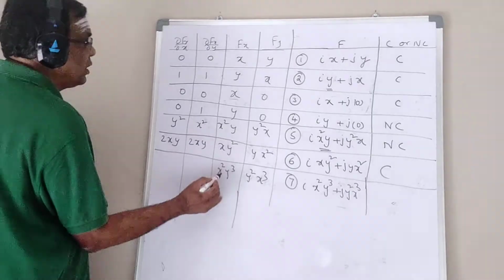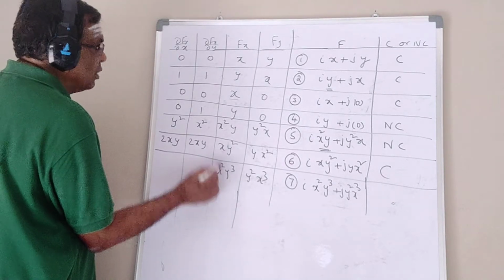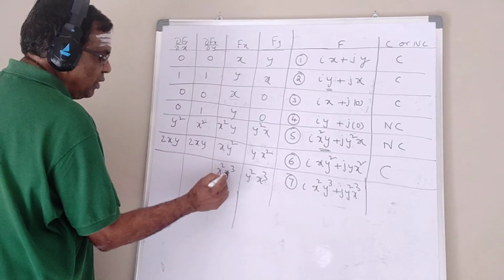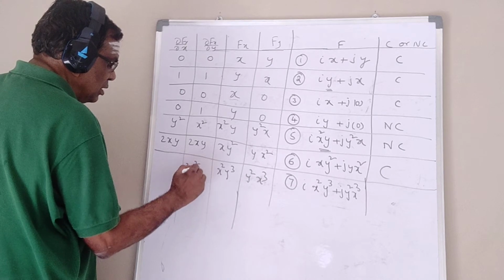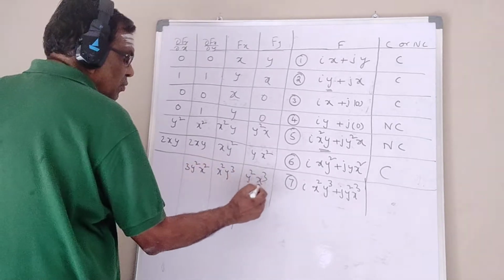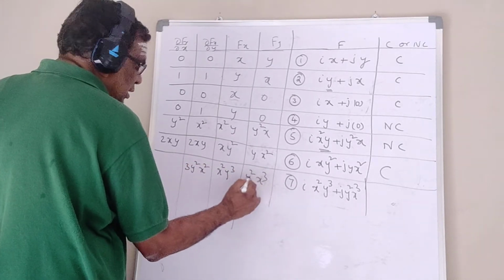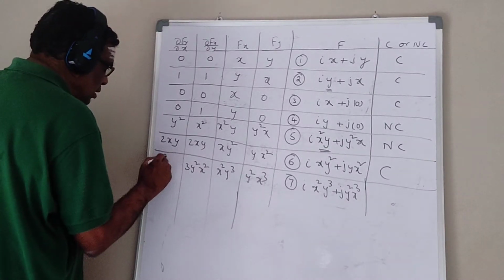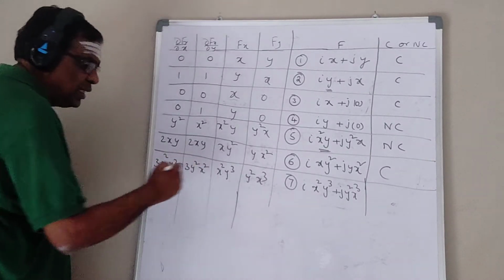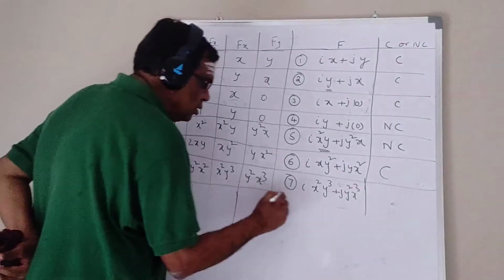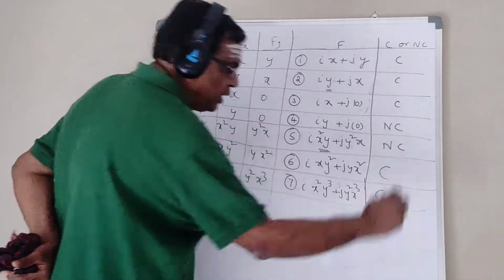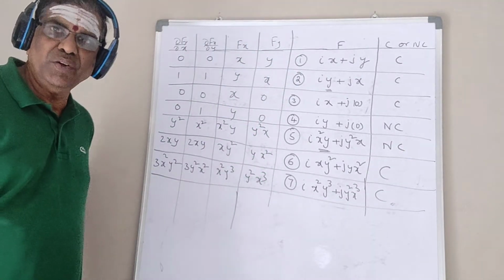Now this you have to differentiate with respect to y. So what do you get? 3y square x square. This you have to differentiate with respect to x. 3x square y square. Look, both are same. Therefore, it should be a conservative force.